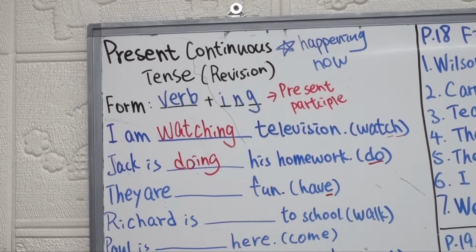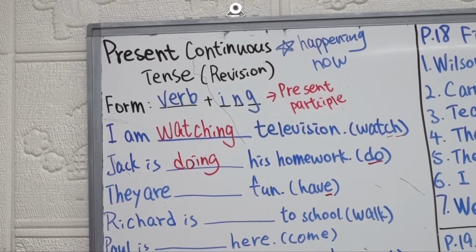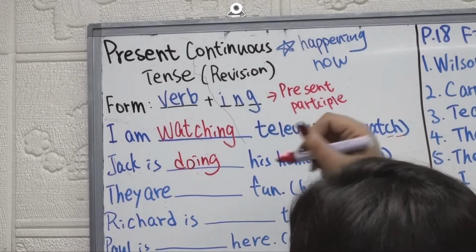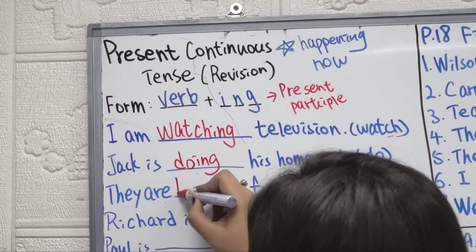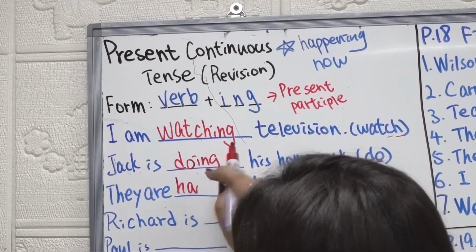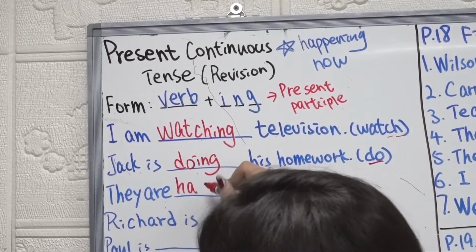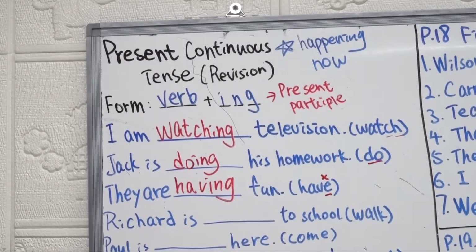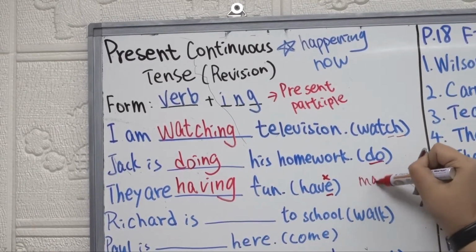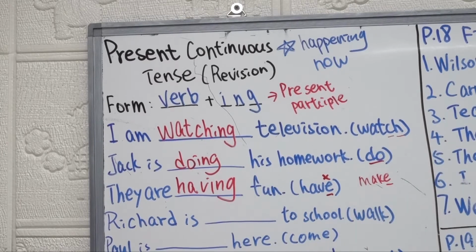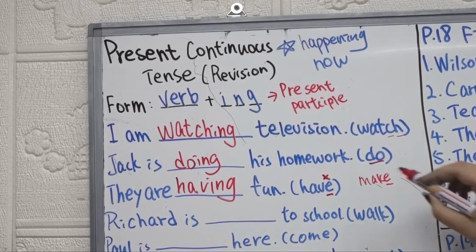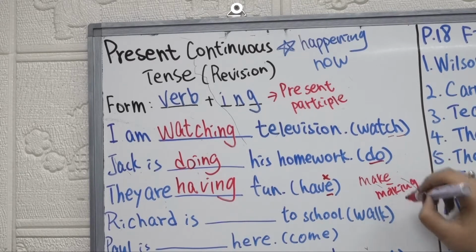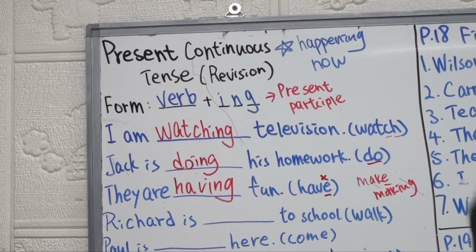If it ends with the letter E, what we have to do is cross out the E and add ing. So have becomes having. Same goes for making. So make ends with the letter E, right? So the present participle form of make is making. Also cross out the E and add ing. Okay, making.